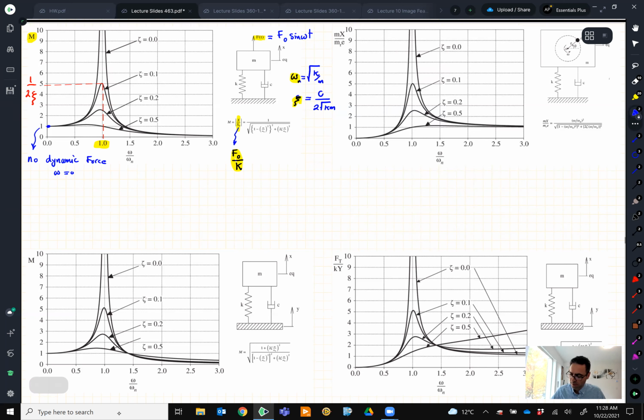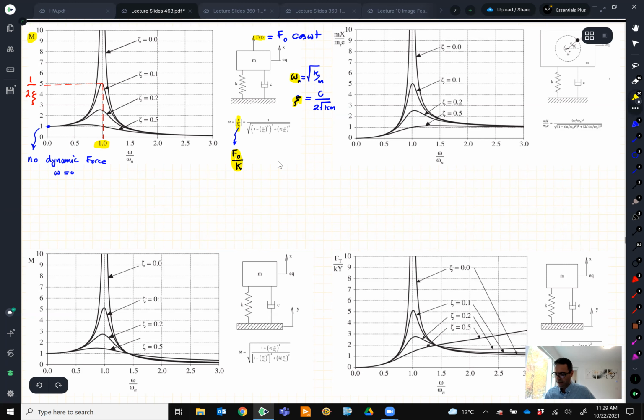So for it to make sense, this one should be F0 cosine omega t. We use cosine omega t. So that's one thing. I'll come back in a moment to this one, and I'll explain some extra things about it, which is important.